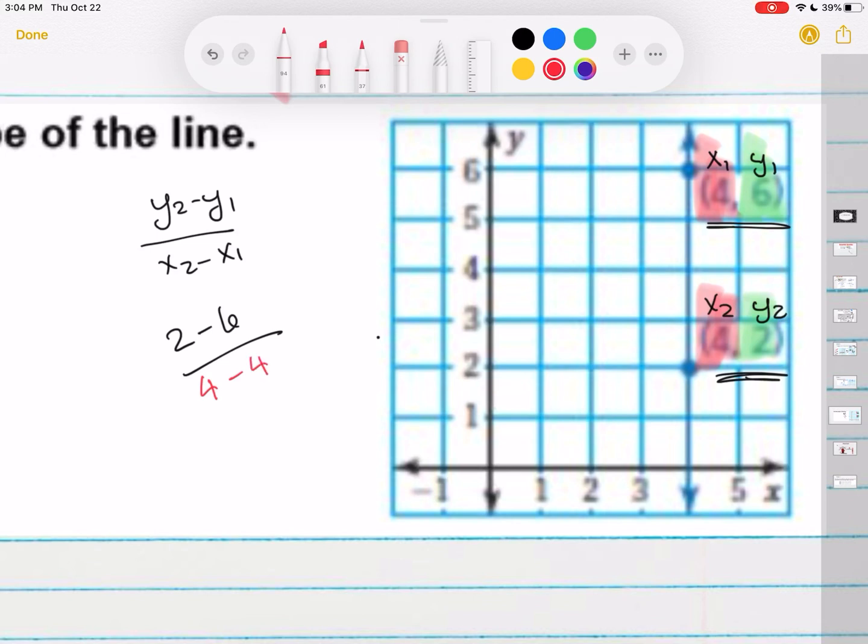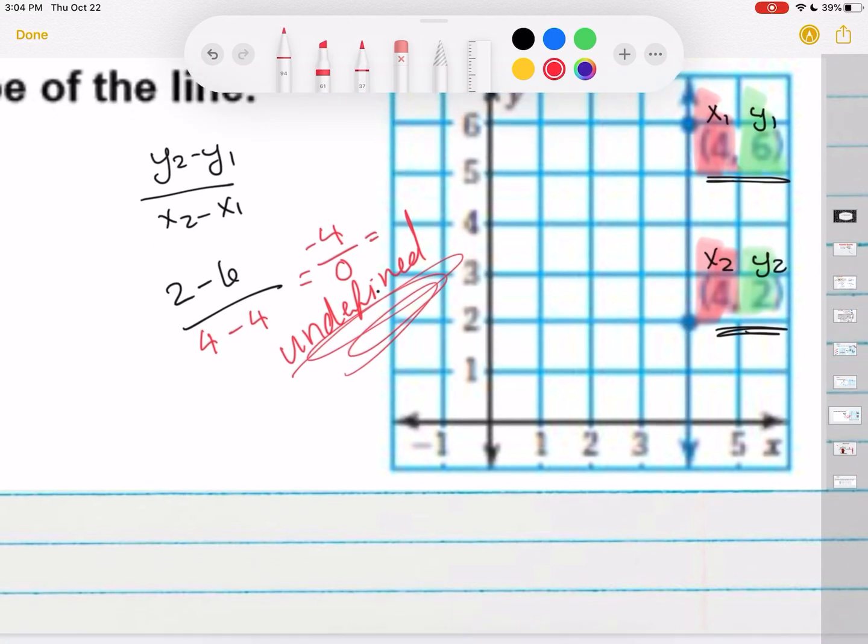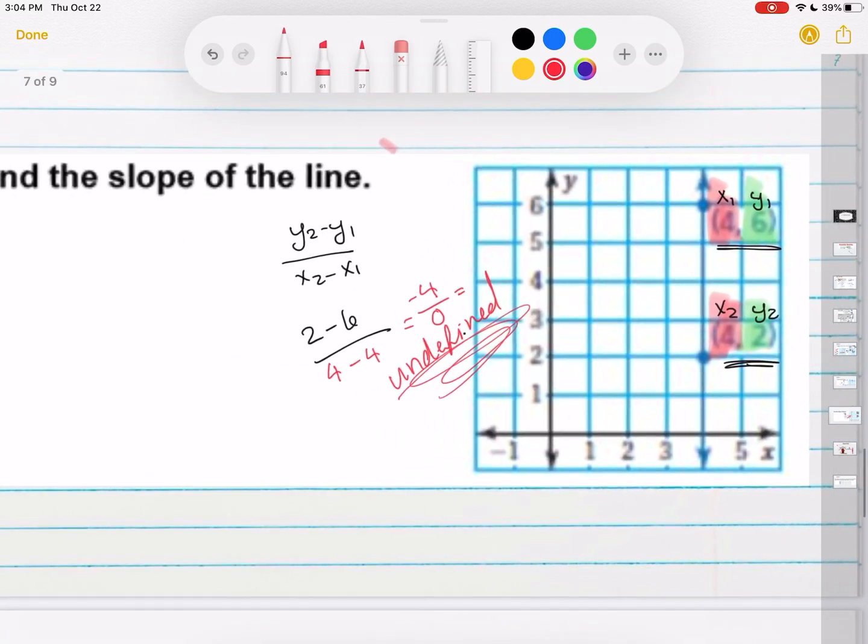So then when I simplify that, well, 2 minus 6 is, let's see, -4, and 4 minus 4 is 0, and anything divided by 0 is undefined. Remember, you cannot divide anything by 0. It's undefined. So when we use the slope formula, we find that the slope of this line is undefined.